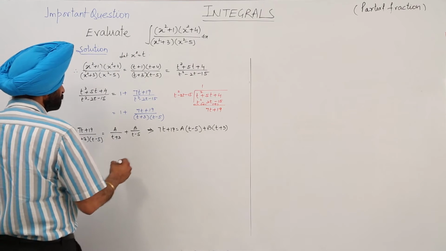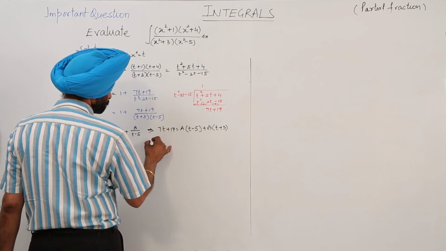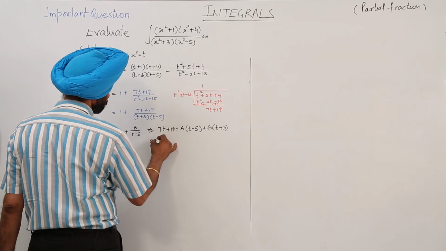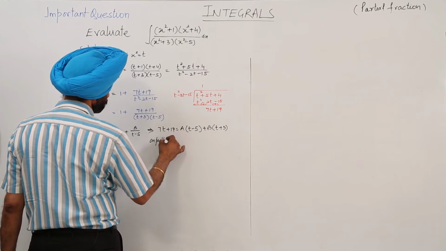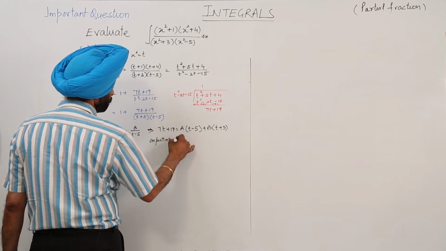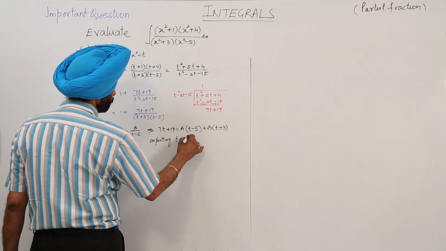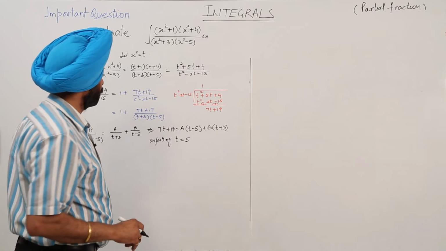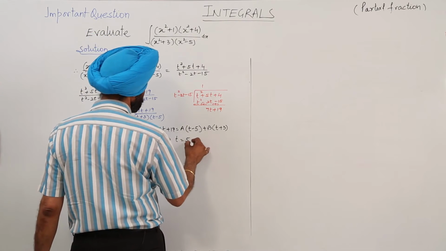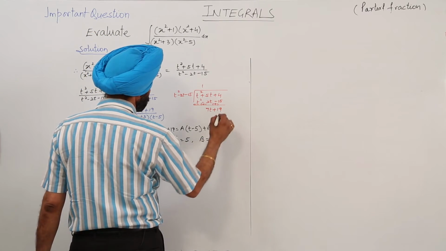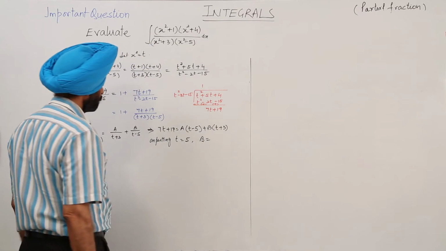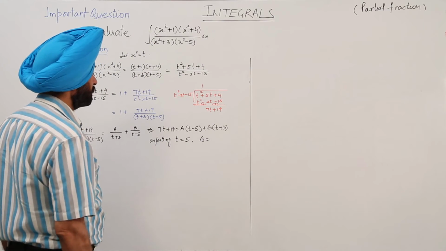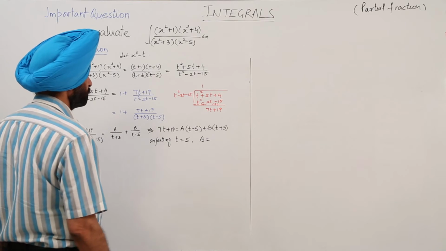Now, on putting t is equal to 5, then b will be what?